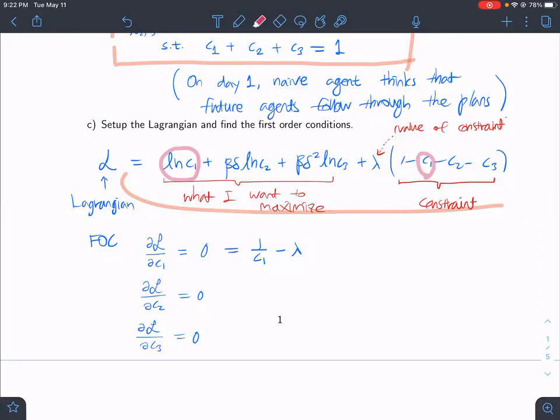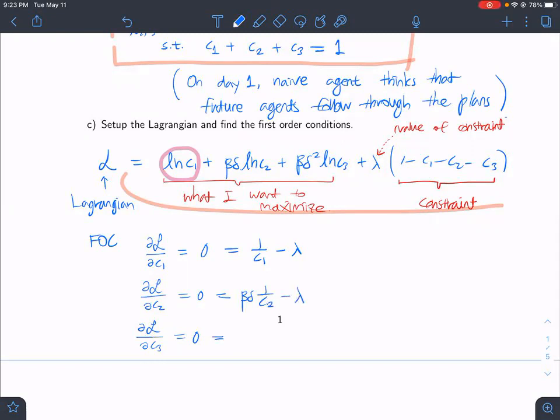If I differentiate a function like log with respect to C, I will have 1 over C. The proof is not very difficult, but for this class, you can just remember this: if I differentiate this log function, I will have 1 over C. Then if I differentiate this Lagrangian with respect to C2, I will have beta delta 1 over C2 minus lambda.